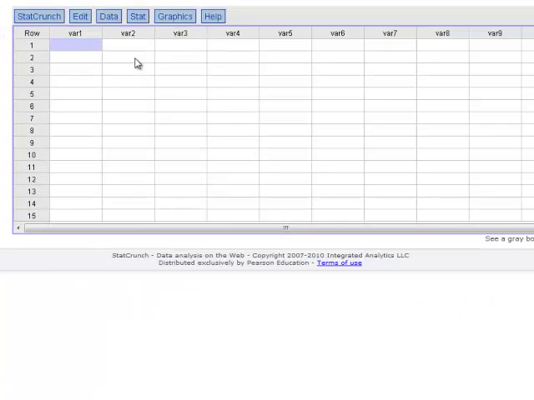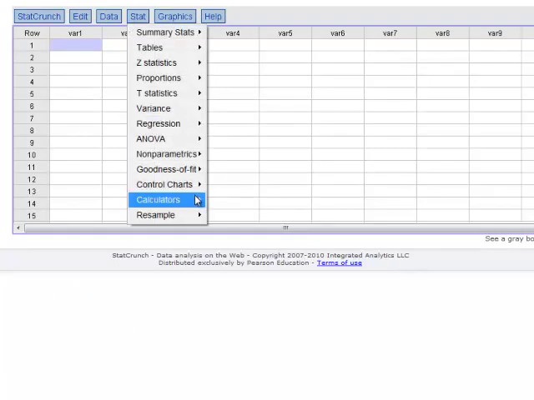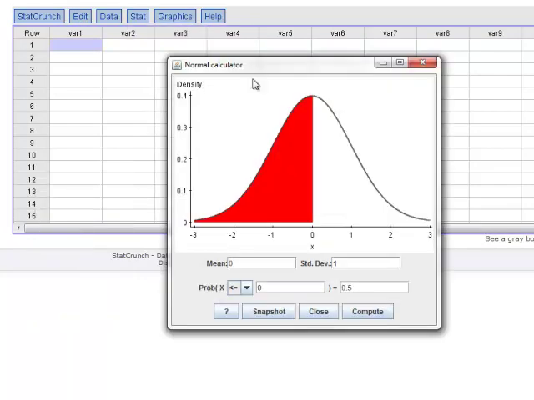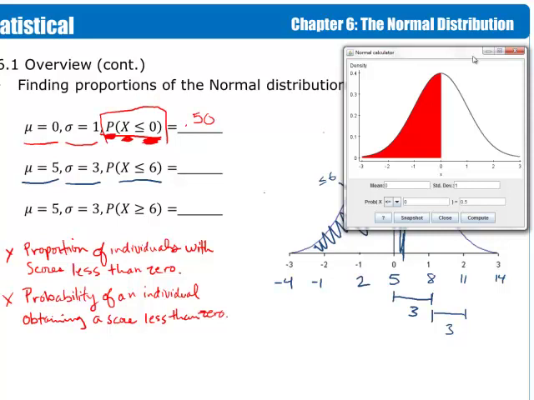If we go to StatCrunch and select Stat, then Calculators, and then Normal, it gives us the normal calculator for calculating proportions and values with regard to the normal distribution. Now we want to set up the situation that we have with our population.